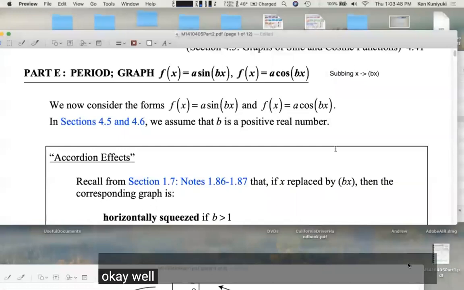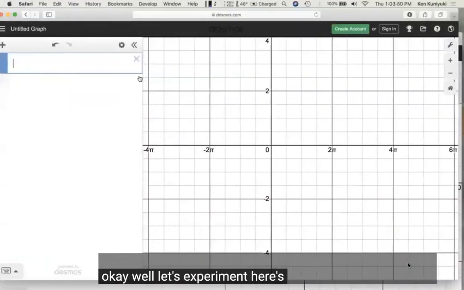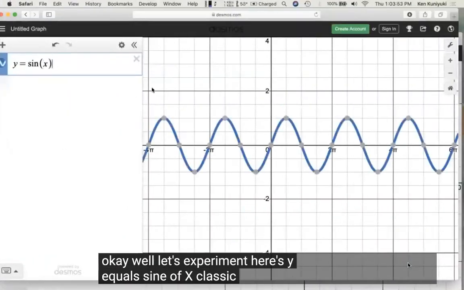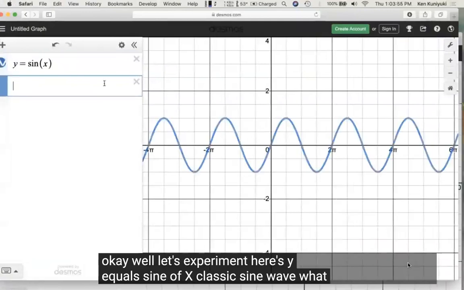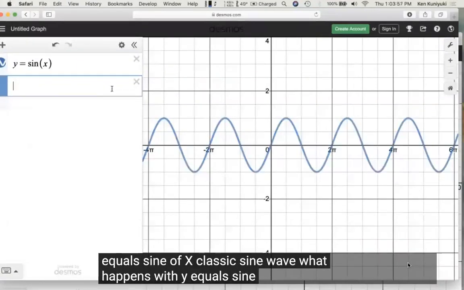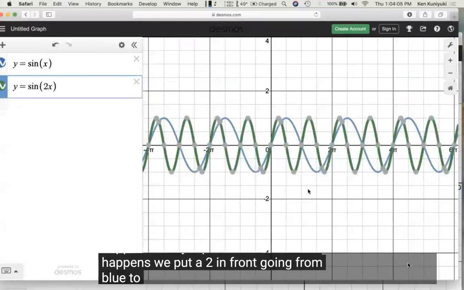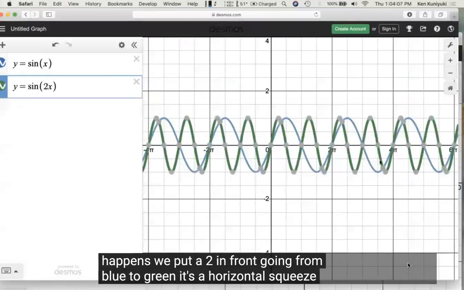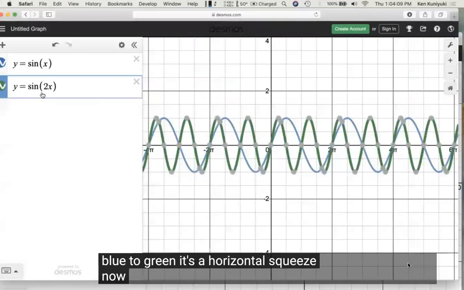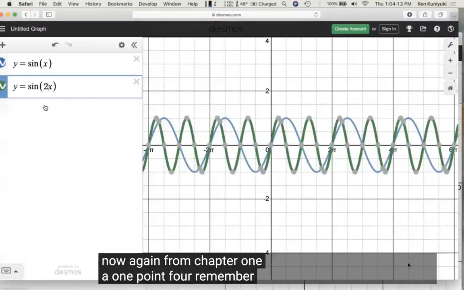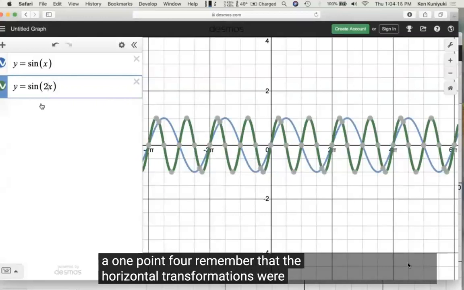Let's experiment. Here's y equals sine of x, the classic sine wave. What happens with y equals sine of 2x? What happens when we put a 2 in front? Going from blue to green, it's a horizontal squeeze. Now again, from chapter 1.4, remember that the horizontal transformations were confusing.